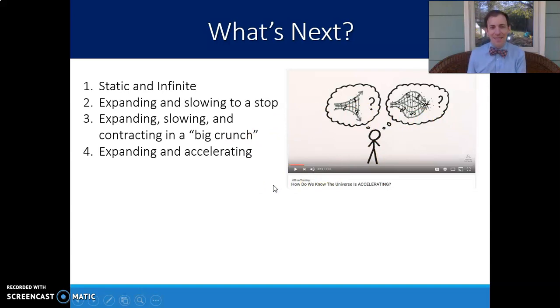And then the last is that it is expanding and it's accelerating. This is actually fairly new science. Not too many years ago, I think it was like 5 or 6 or 7 years ago, the Nobel Prize was awarded to some scientists that proved for the first time that not only is it expanding, it's accelerating.